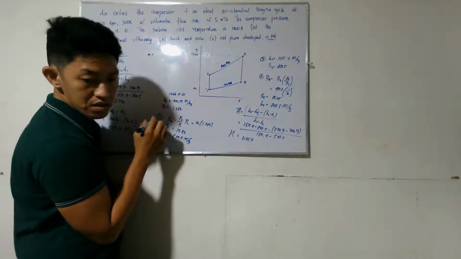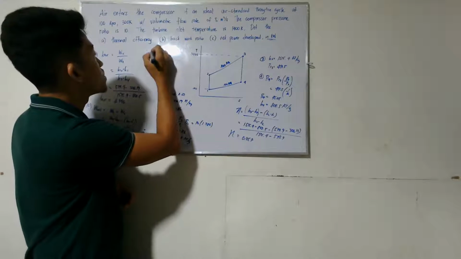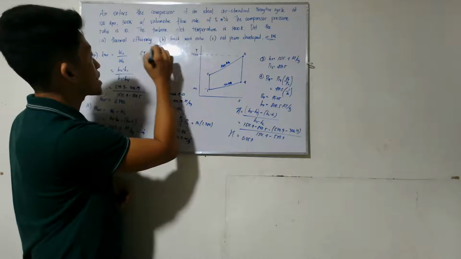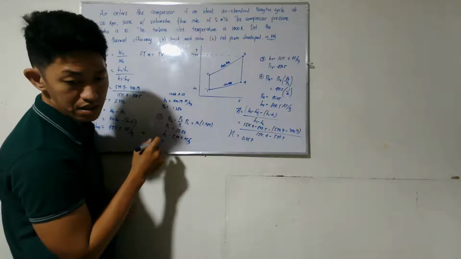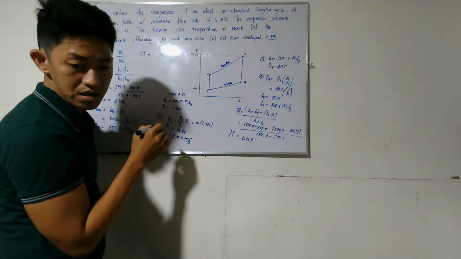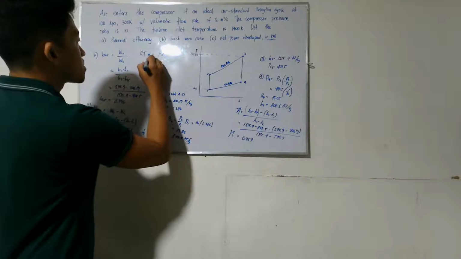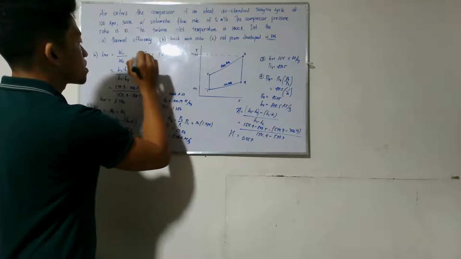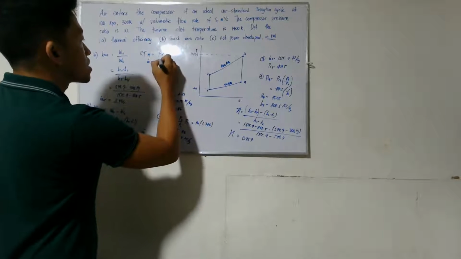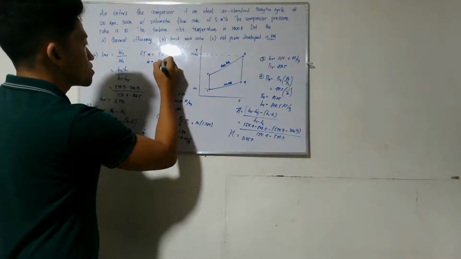Okay, so from the ideal gas model, PV equals mRT. This is the specific volume.